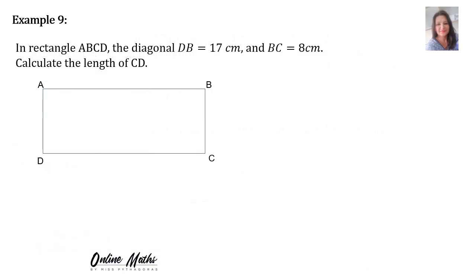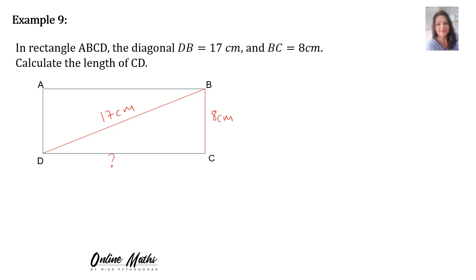Example 9. In rectangle ABCD, the diagonal DB is 17 centimeters and BC is 8 centimeters. Calculate the length of CD, this one.